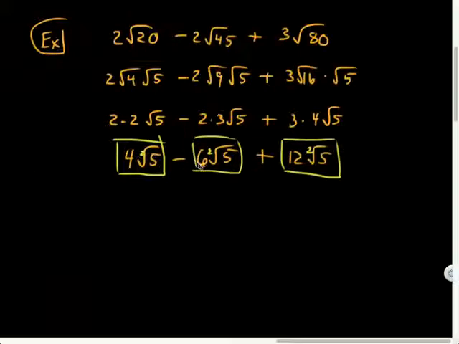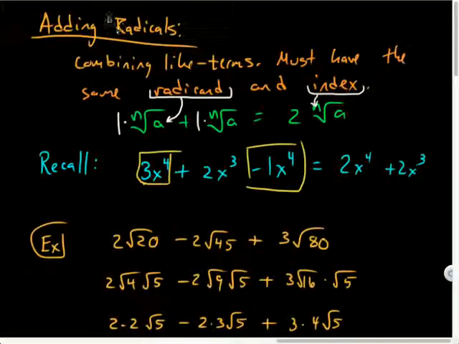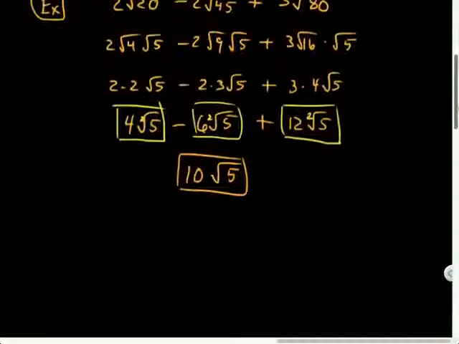So 4 minus 6 is negative 2, plus 12 is 10, and they don't change the fact that they're apple pies just because there's 10 of them now, right? So the index is still the same, and the radicand is as well. I just want to point out, notice we did both addition and subtraction in this problem. So I guess I could actually call this adding and subtracting radicals, but that's fine.